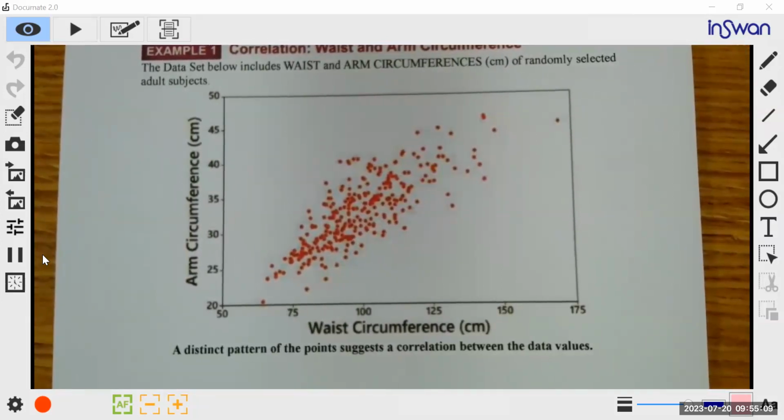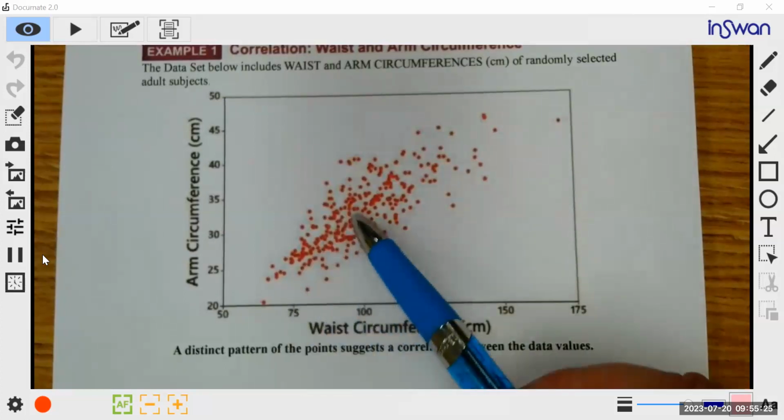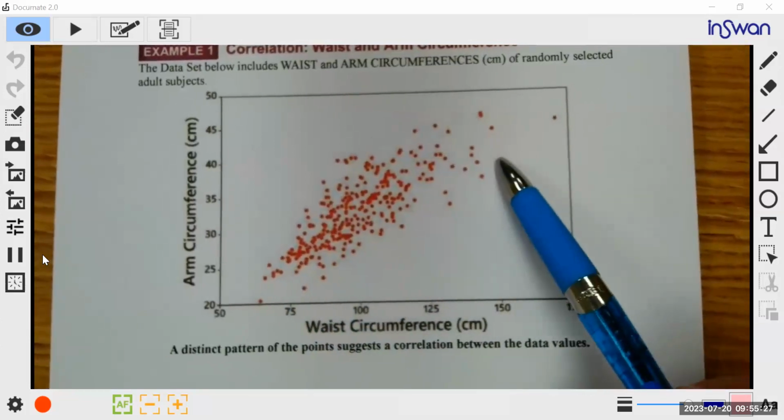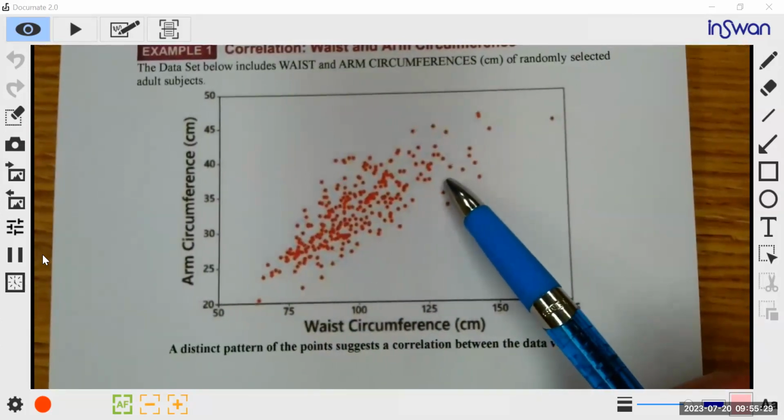Why would we know that number? What's important about it? Well, no, this does have a very low correlation, but there is a correlation.